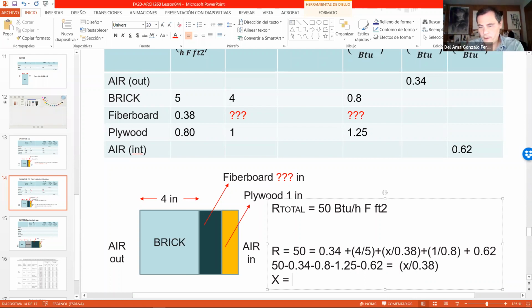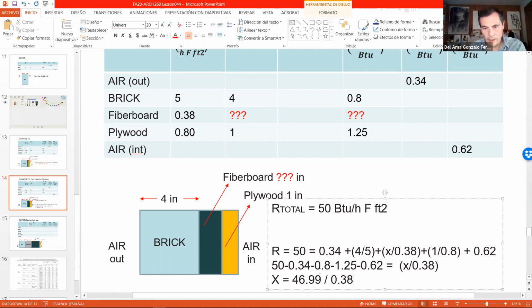It's 50 minus 0.34 minus 0.8 minus 1.25 minus 0.62. Okay, so this is 46.99. 0.99 divided by 0.38.